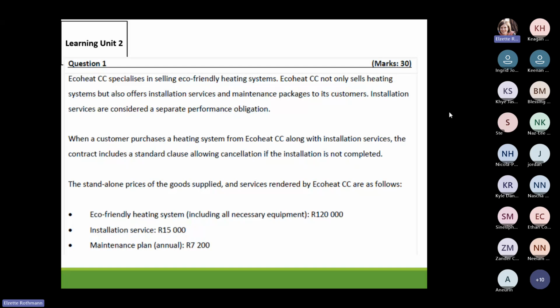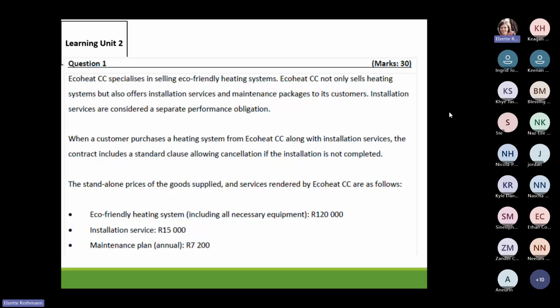So there's going to be at least two performance obligations. Then when a customer purchases a heating system from EcoHeat CC along with installation service, the contract includes a standard clause allowing cancellation if the installation is not completed. And then they tell you the standalone prices.